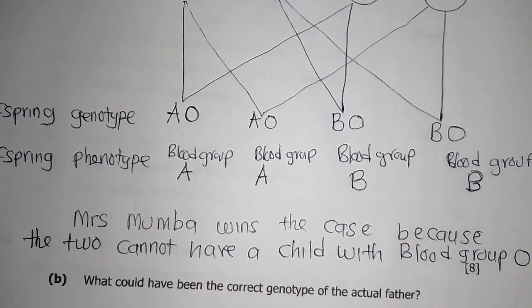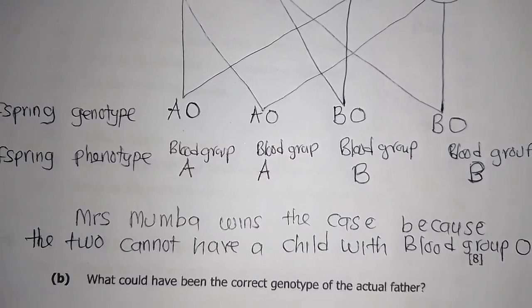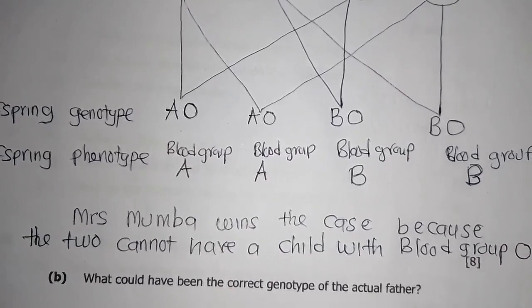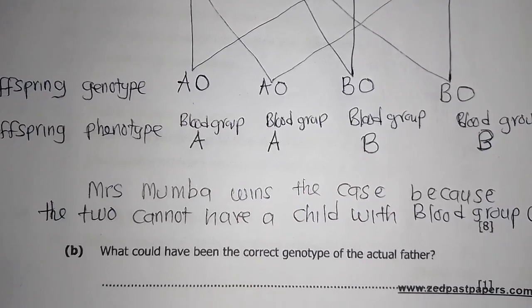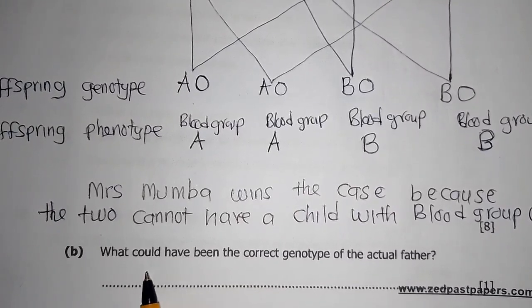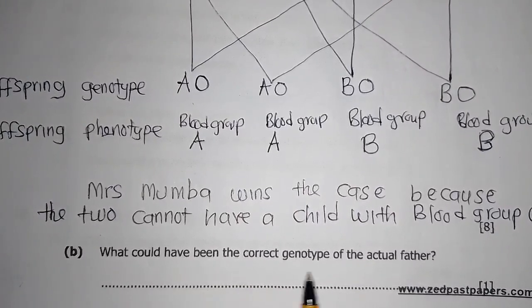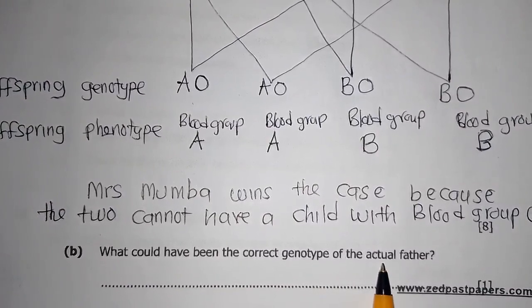This is what you need to do. So like this, you've answered this question. Then here, how is this question saying? What would have been the correct genotype of the actual father?